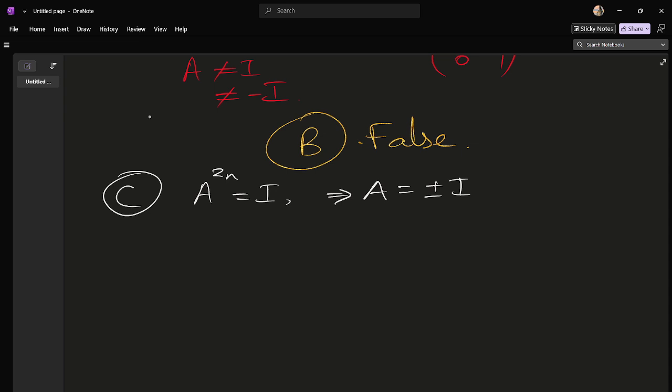In a similar manner, we can take another example. Let n be 3.